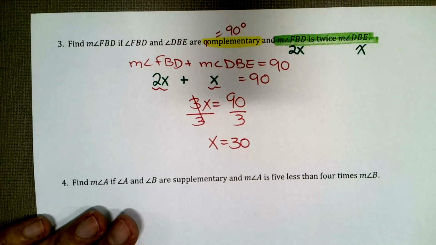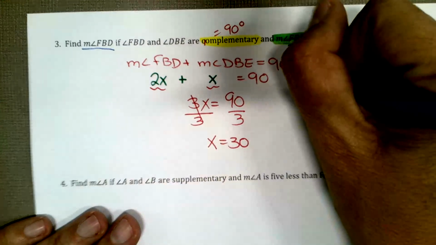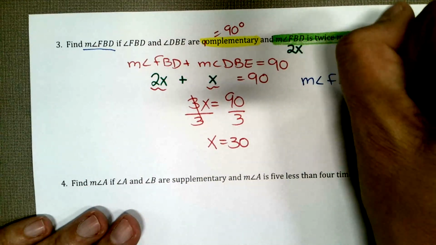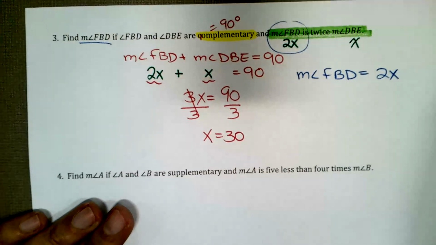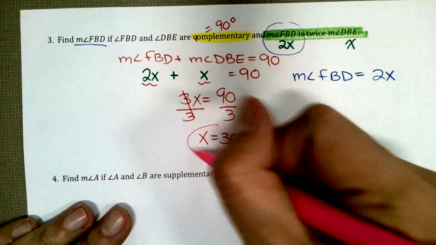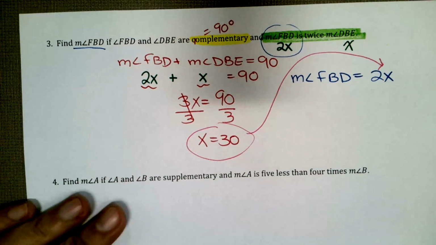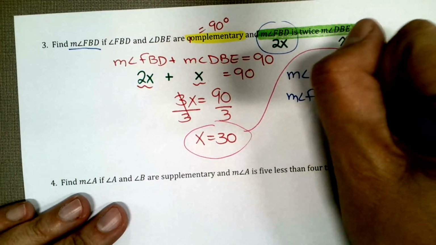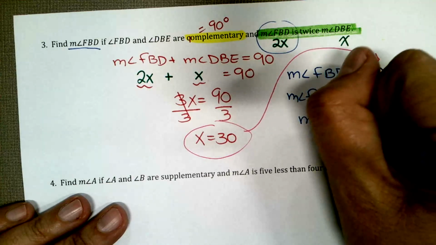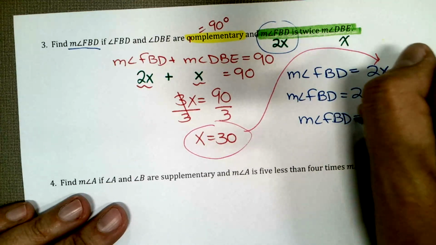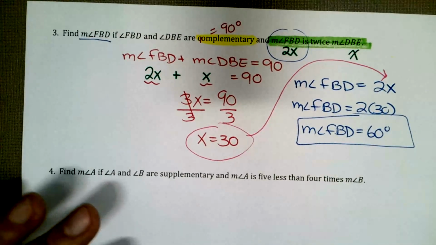Now, remember, we always have to make sure we're finding what is asked for. We were asked to find the measure of angle FBD, which we said was 2x. So then we take our x value and substitute that in. And so the measure of angle FBD is 2 times 30. And the measure of angle FBD would be 60 degrees.